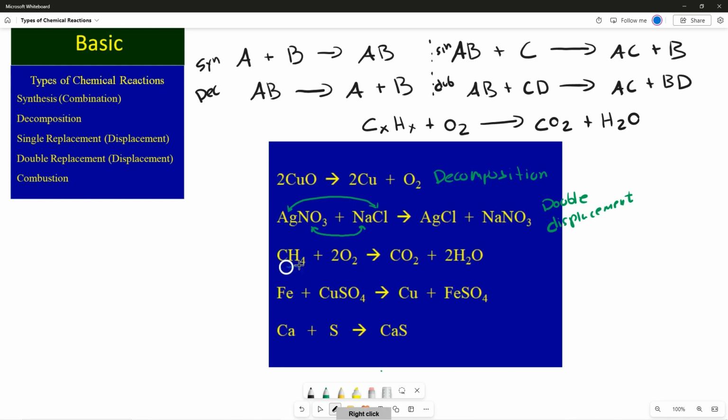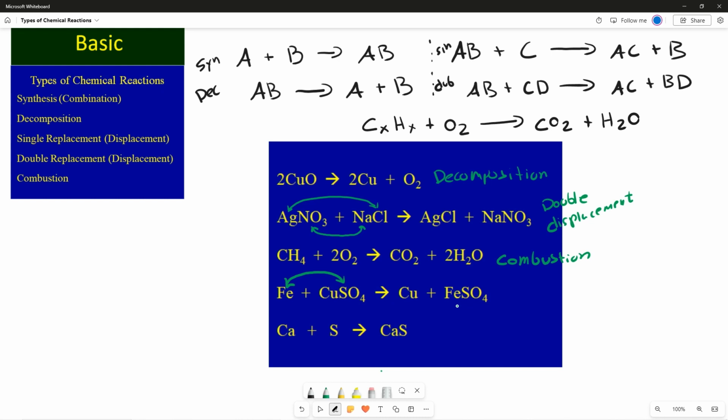And if we take a look at the third one, you have CH4 plus 2O2 yields CO2 plus 2H2O. Well, this is a hydrocarbon, some amount of carbon and hydrogen, and it's interacting with some amount of oxygen, and you're getting carbon dioxide and water as a product. Well, that is by definition a combustion reaction. And if we take a look at the second to last one here, we have Fe, which is iron, plus CuSO4. And then now the copper is by itself, and the iron is with the SO4. So basically, the iron and the copper underwent a single displacement or a single replacement.